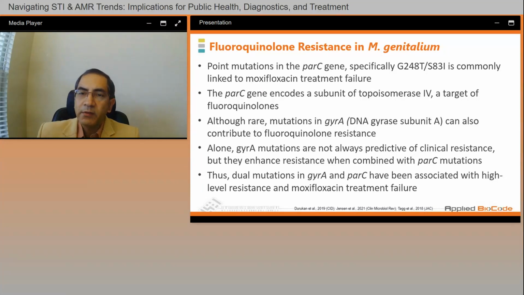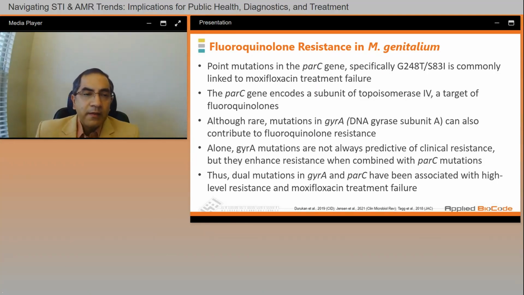Fluoroquinolone resistance is mainly associated with point mutation in the ParC gene, specifically S83I, which is commonly linked to moxifloxacin treatment failures. The ParC gene encodes a subunit of topoisomerase 4, a target for fluoroquinolone. Although rare, mutation in DNA gyrase subunit A can also contribute to fluoroquinolone resistance.